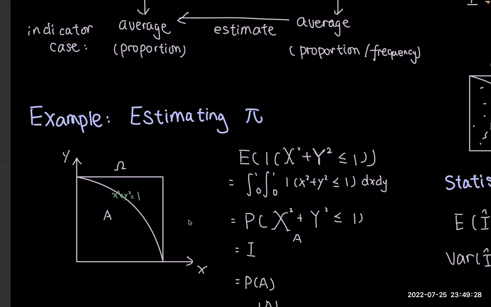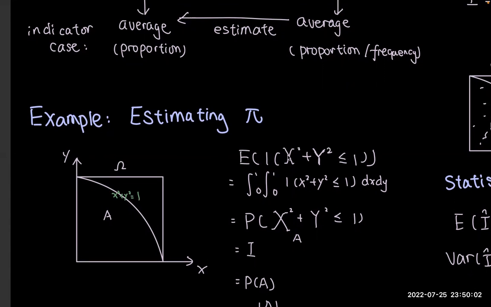For this example, the expectation of this indicator function that the random point falls below this curve, or in other words, falls into A, would simply be the integral of this indicator function over the unit square, dx dy. And this is simply the area of A, which is the probability that x squared plus y squared is less than or equal to 1.